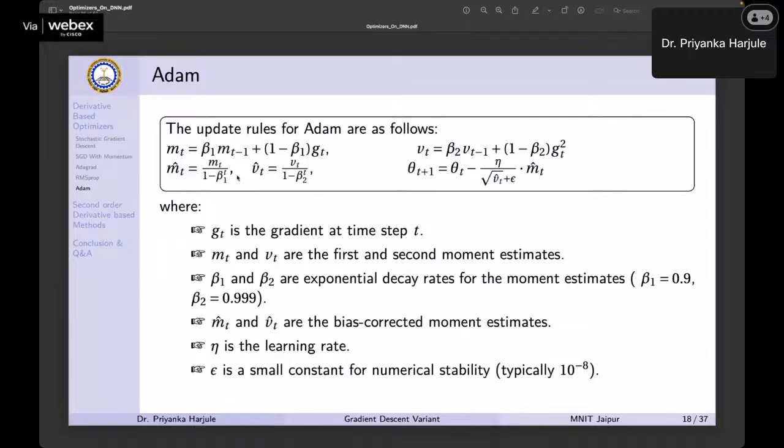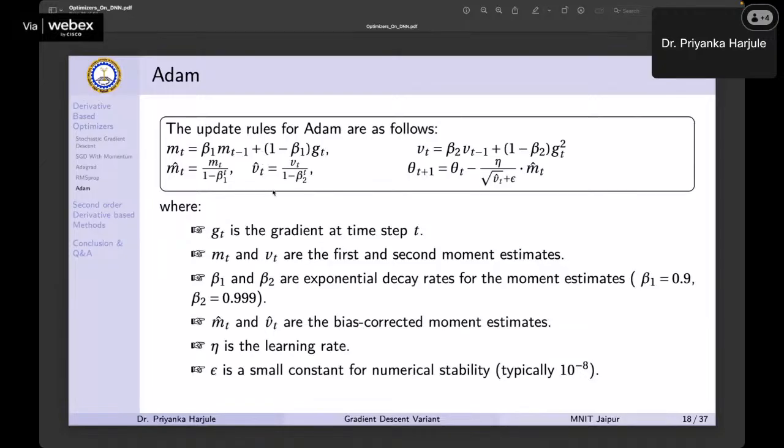But since M0 and V0 are equal to 0, the early values of MT and VT are biased towards 0. This bias gets smaller as T increases, but is problematic at the beginning of the training, and that is why this bias correction is applied.